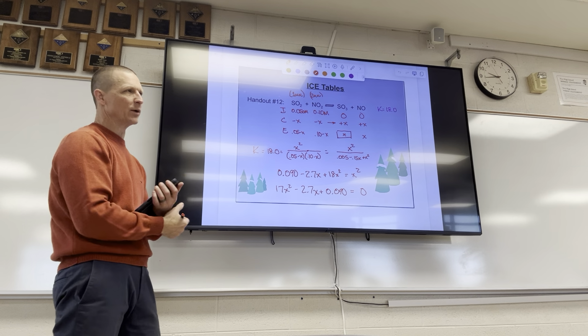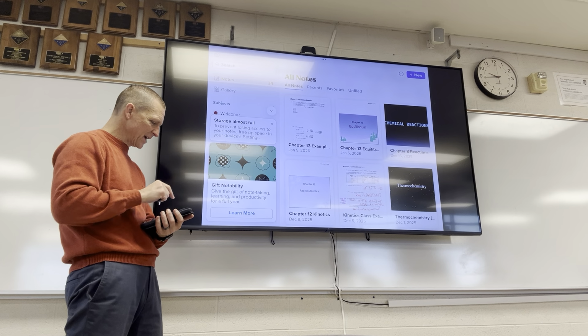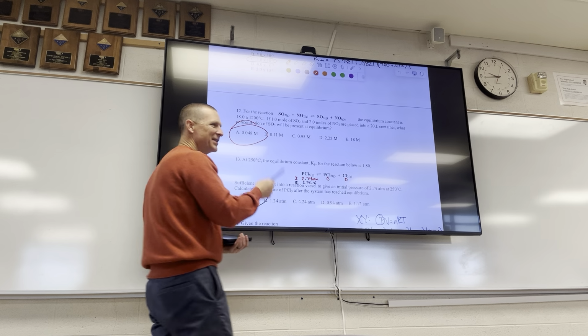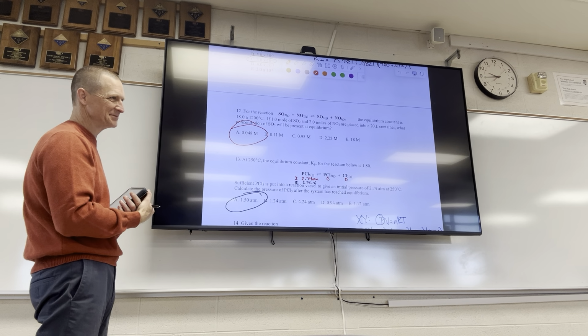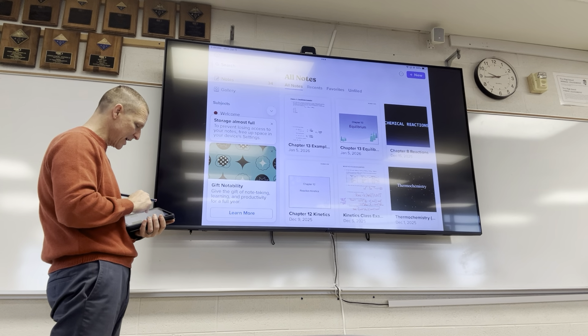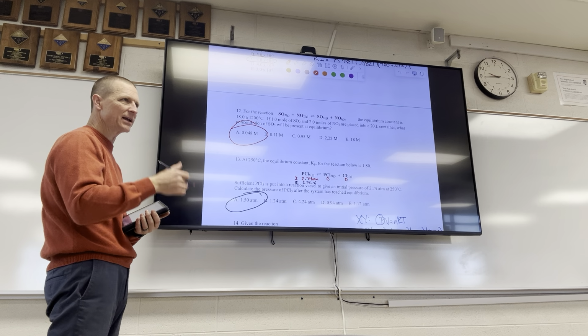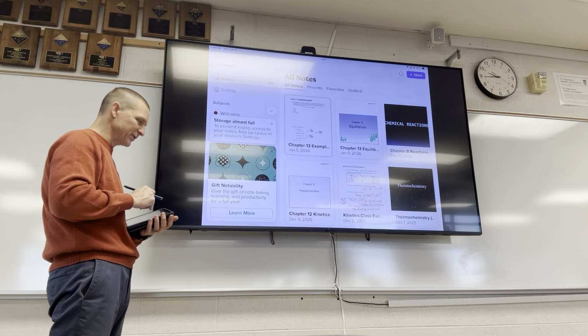So that's why the 0.11 is no good. And of course, it was in here as one of the answer choices. It's there, but that's a good wrong answer, because 0.11 can't exist. From the teacher's perspective, it's a good wrong answer.